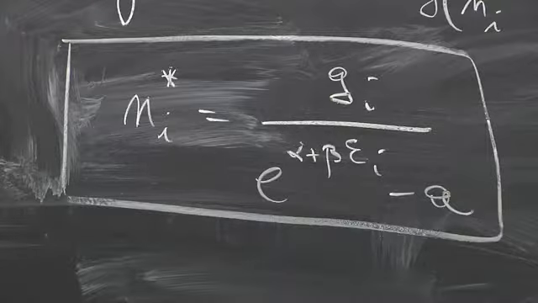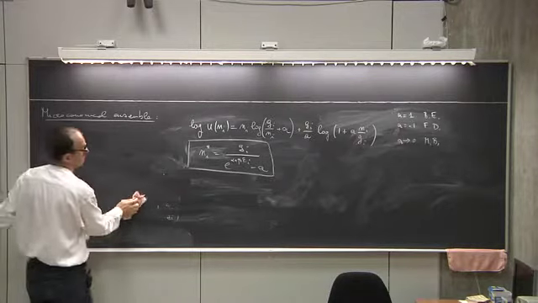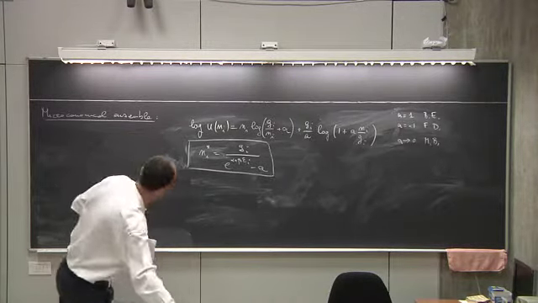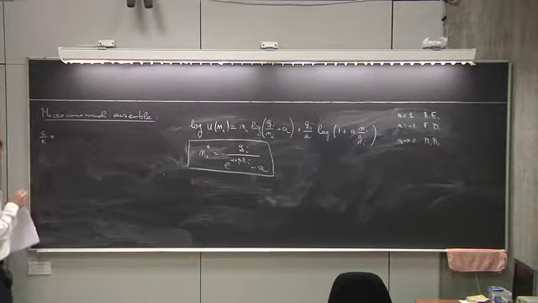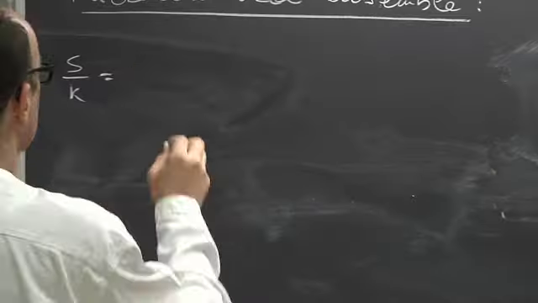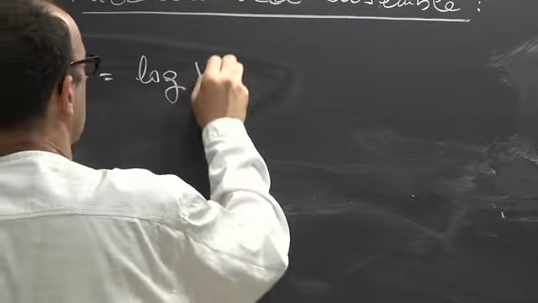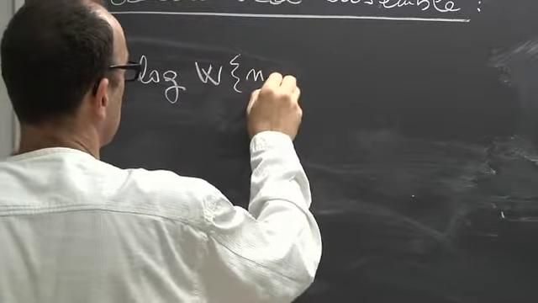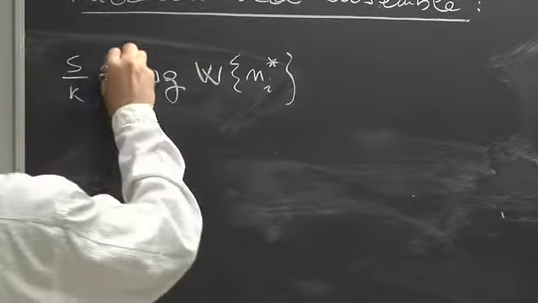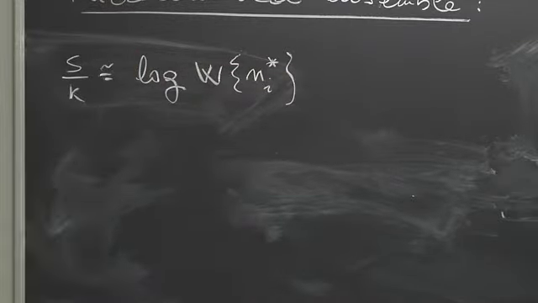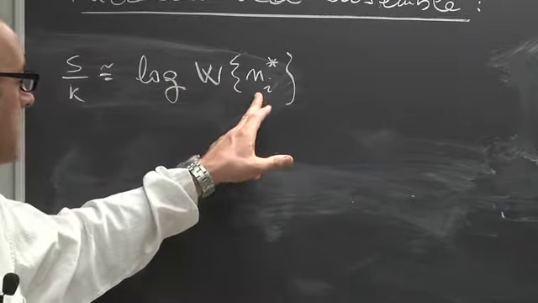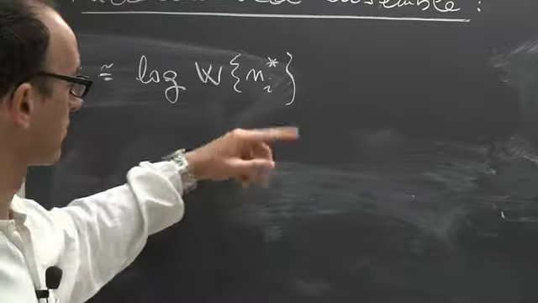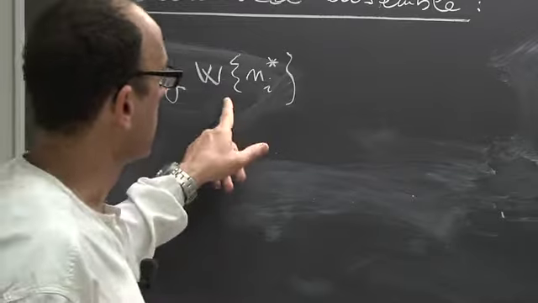Now we have to compute our approximation for the entropy, which I remind you was given by S over k, the log of the most probable distribution. So the entropy was given by the logarithm of the most probable distribution of particles consistent with the constraints.